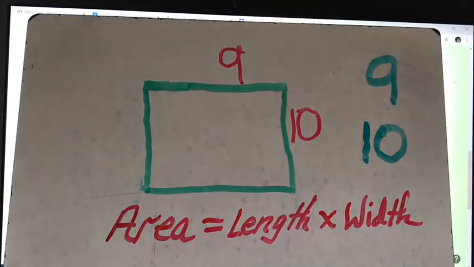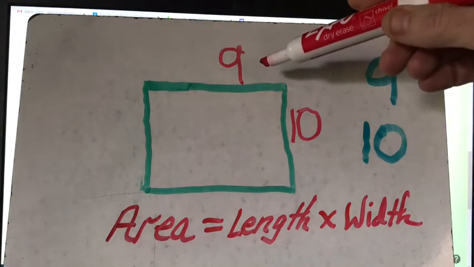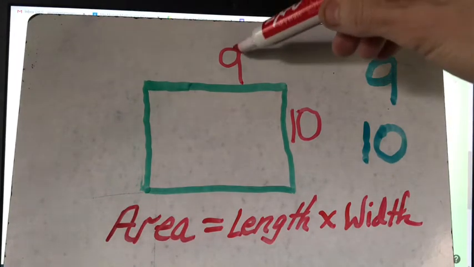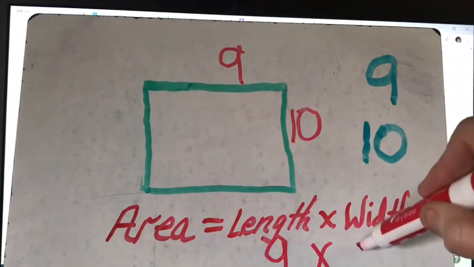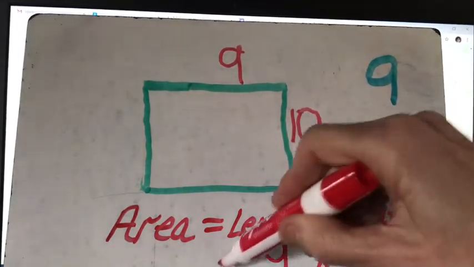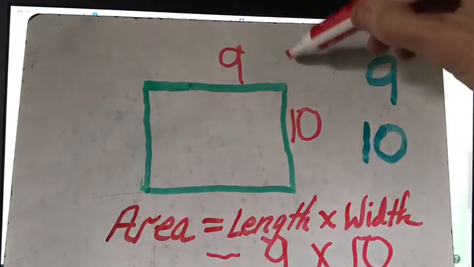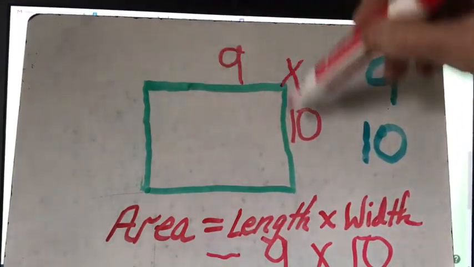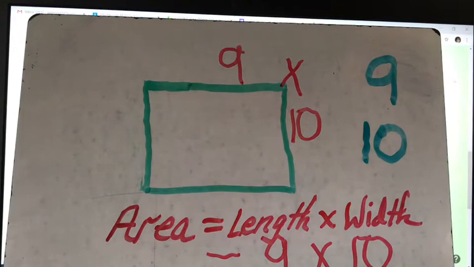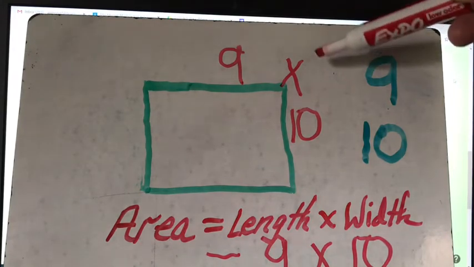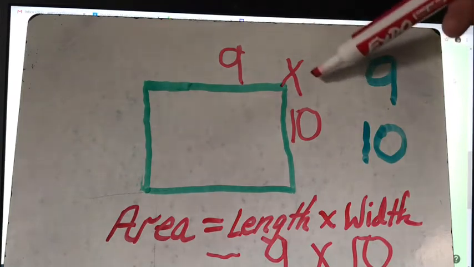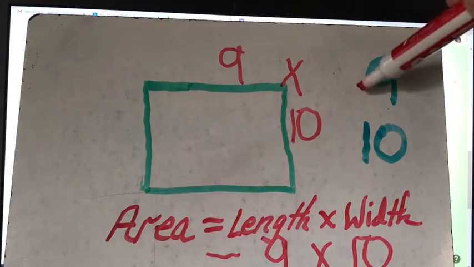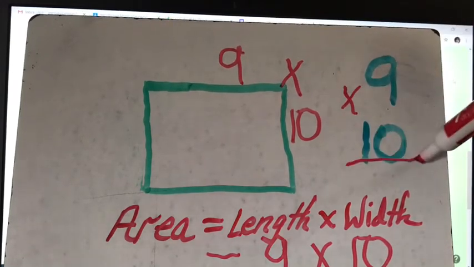So when I multiply my length times my width, I will get my area. And it reminds me of how we do our arrays. And then we put our multiplication sign. It could also be on this side. So 9 times 10 or 10 times 9, I'm using the numbers they give me.